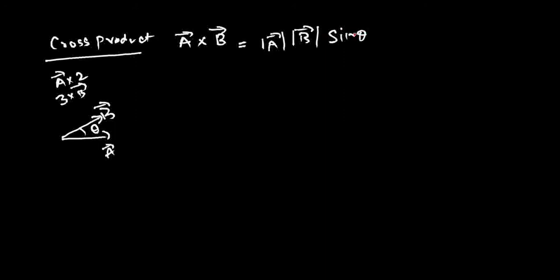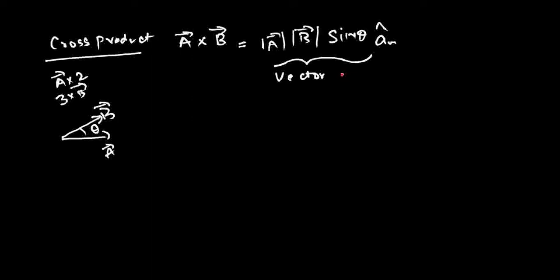Is that your answer? No, it is not mod A mod B sin theta. It is mod A mod B sin theta A n cap, which means the cross product of two vectors is a vector quantity. It is not a scalar quantity. Unlike dot product of two vectors that gave you a scalar quantity, this is a vector quantity.